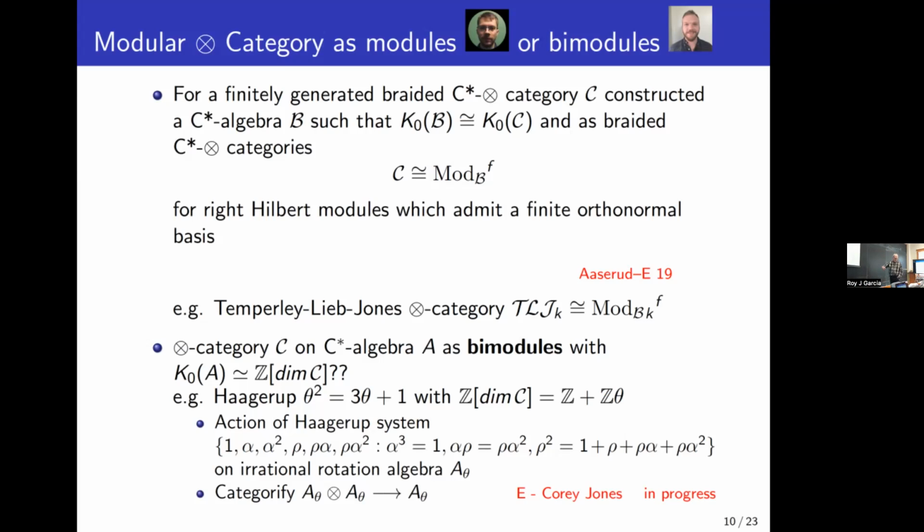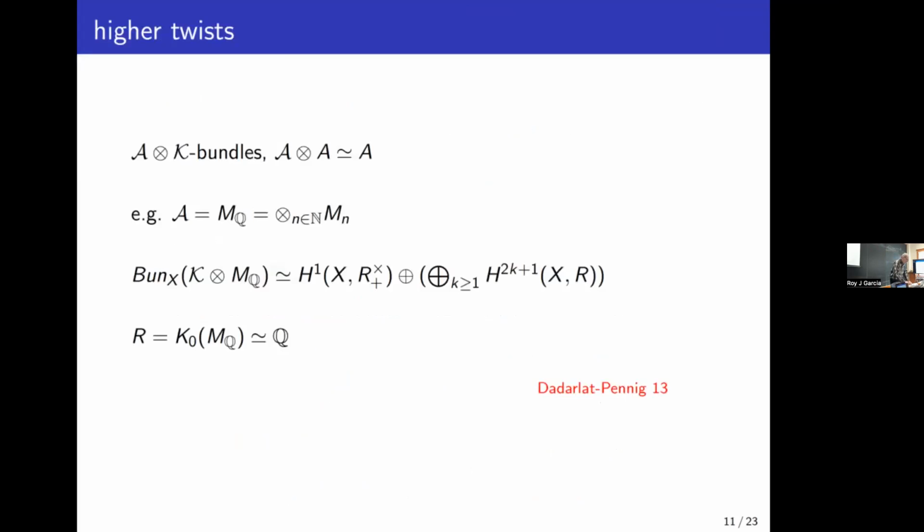So it's based on the construction with George, who I think is in the audience, a long time ago, about understanding A theta as an inductive limit of circle algebras. So it uses that explicitly. Okay, so that's modules and bimodules. Now, I want to get on to these higher twists. No more time. It's okay.